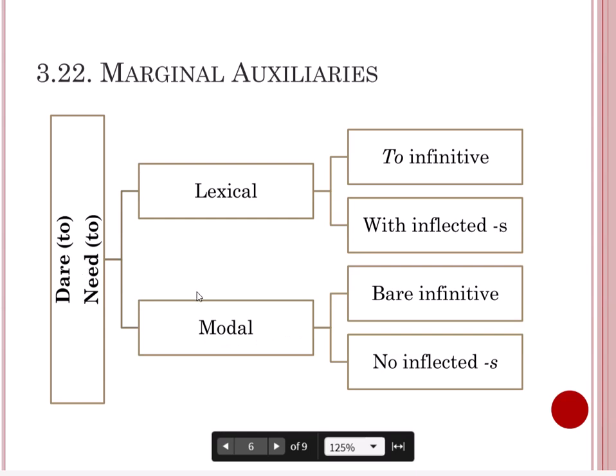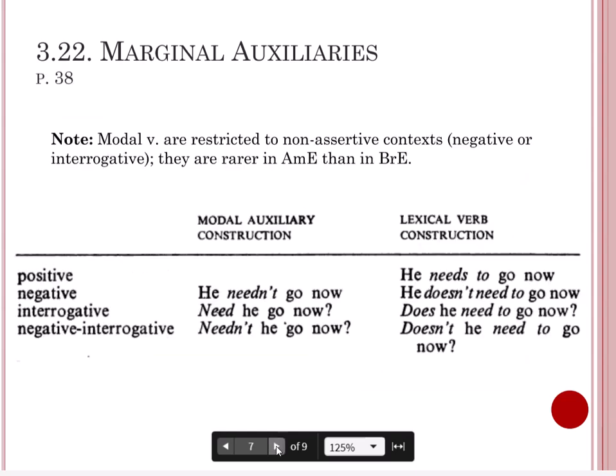And also with modal auxiliary verbs, as we mentioned earlier, they do not accept the S inflection as third person singular. While lexical verbs, the lexical version of dare and need, they accept the inflection S. These examples are taken from the book.